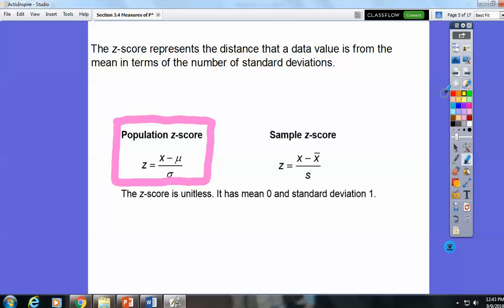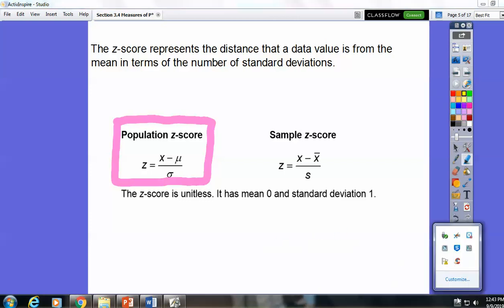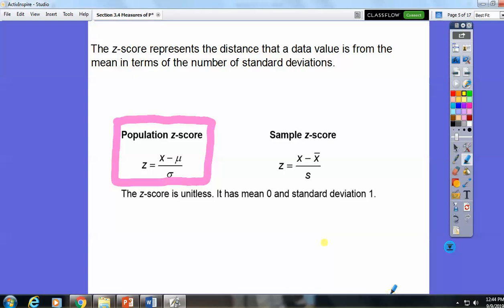But essentially what you need to know is it's your score minus the average, divided by the standard deviation. A z-score doesn't have any units on it. It's not a percent or anything like that. It's a unitless measure. Mean is 0, standard deviation 1. Really, though, the important part there is just knowing how to calculate it.